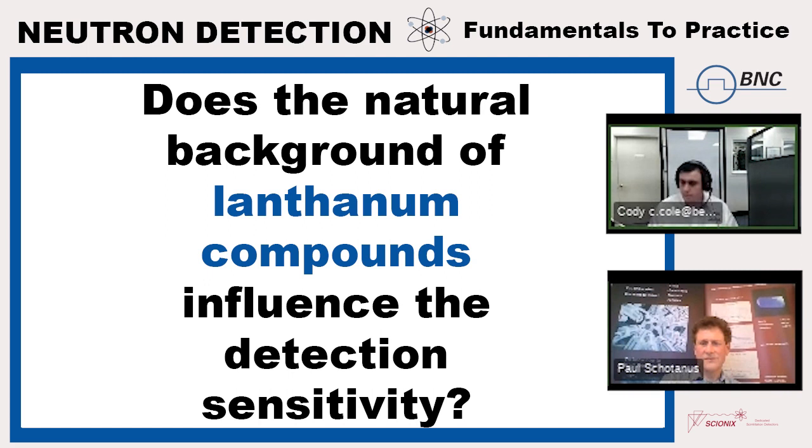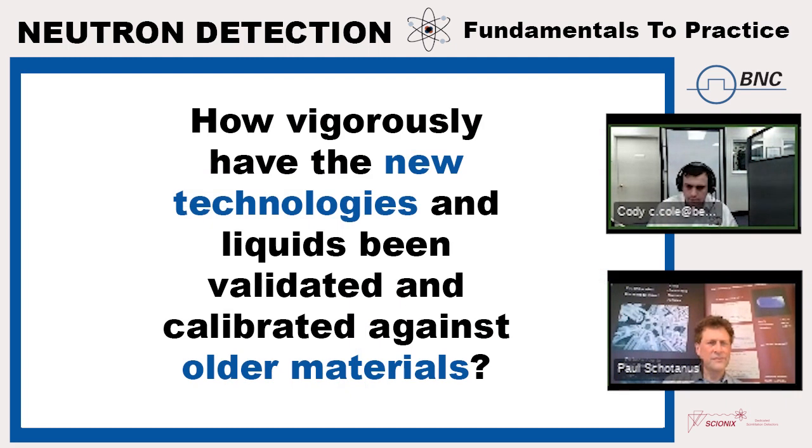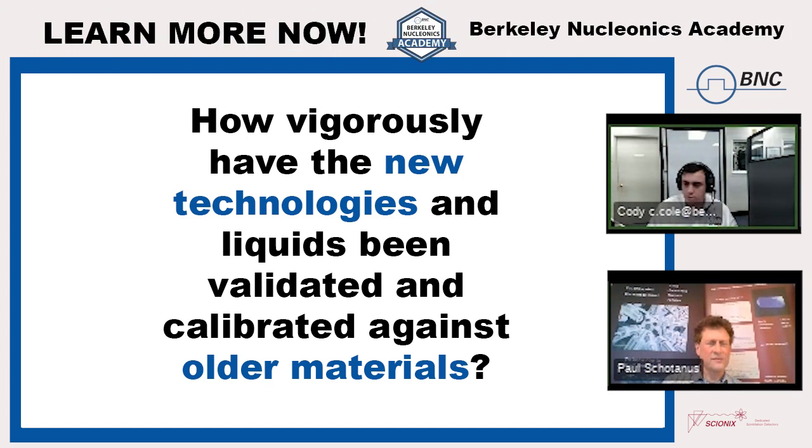I do have some questions regarding slide 16, this comparison. The first one is from Neil Brown, who was wondering how vigorously the new technologies in liquids have been validated and calibrated against older materials. There are a considerable number of publications that have compared 301 and 309.